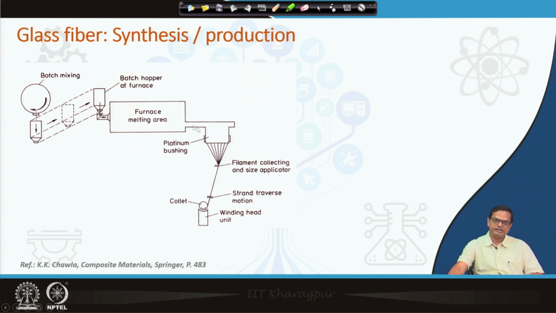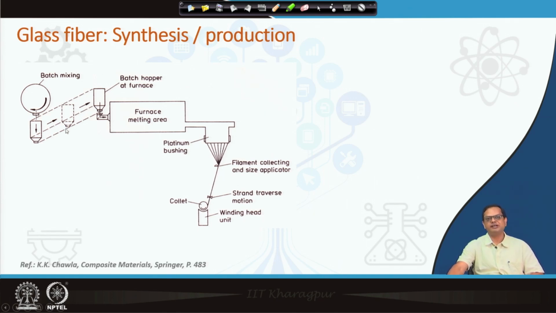Once you have the molten material, it comes to this spinneret with the platinum bushing, which has certain holes, around 200 holes, and it comes out through those holes. Once it comes out, it gets solidified because of the low temperature, and then it gets collected and wound.